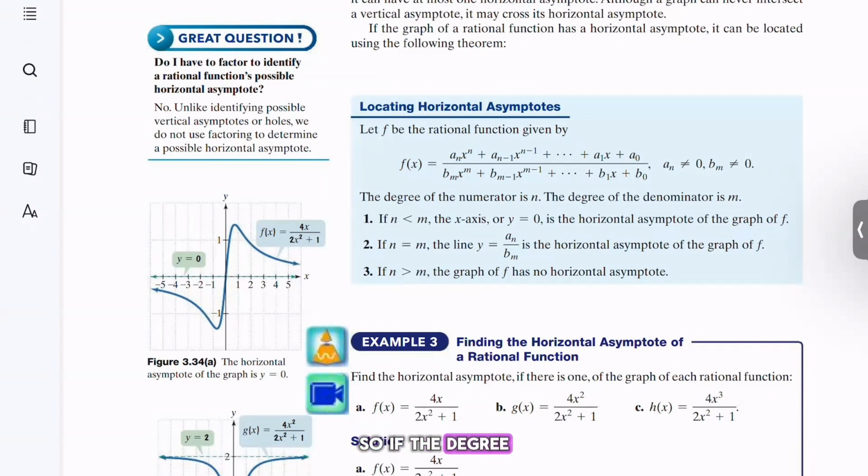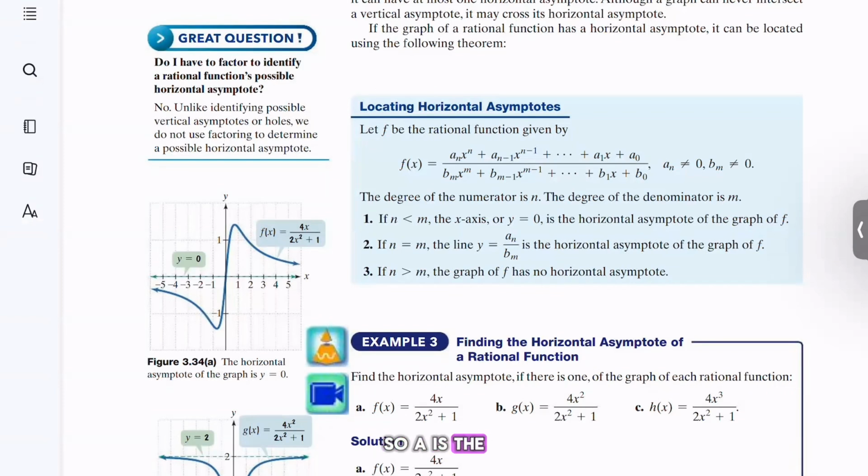So if the degree of the numerator is less than the degree of the denominator, the horizontal asymptote is y equals 0. And then if the numerator and the denominator have the same highest degree, it's the ratio of the coefficients.